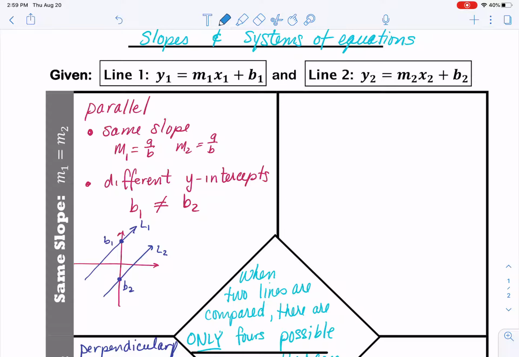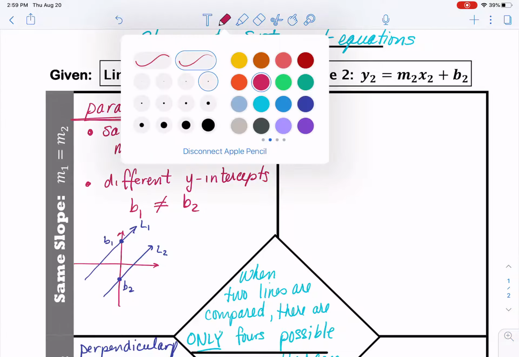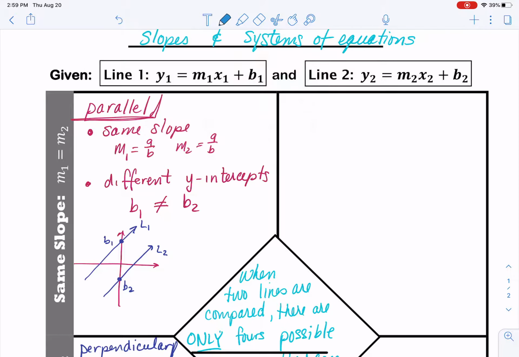Along the same lines as parallel is something called coincidental. And coincidental is when they have the same slope.